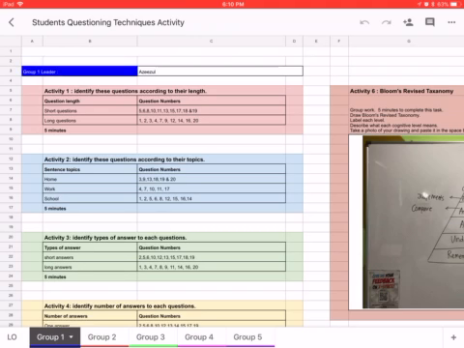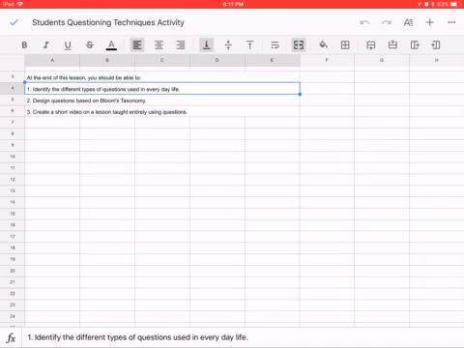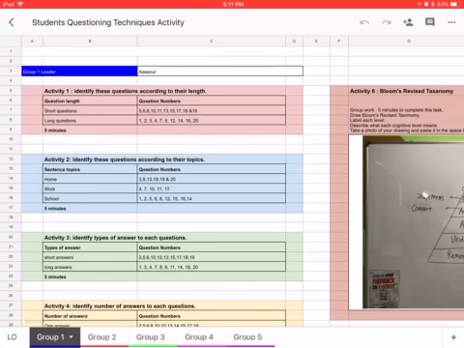So this activity is on questioning techniques because I want them to achieve the LO where they can identify the different types of questions used in everyday life, including in lessons and at home. So the first activity will do just that, second and third activity as well.